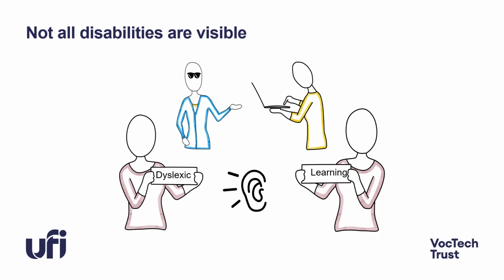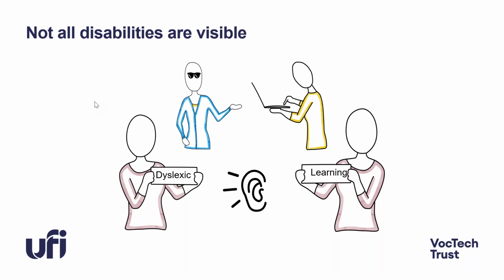Okay, not all disabilities are visible. Pretty obvious, I think, but this is just a quick set of line drawings to show a variety of options: somebody holding a sign saying dyslexic, somebody learning, there's an ear to indicate someone may have hearing disabilities.